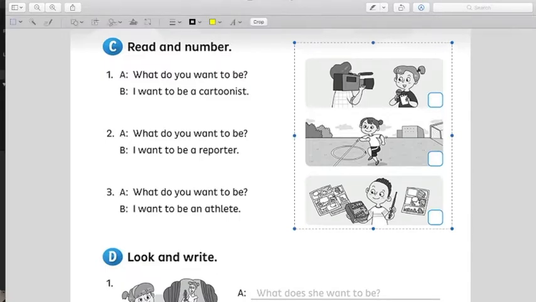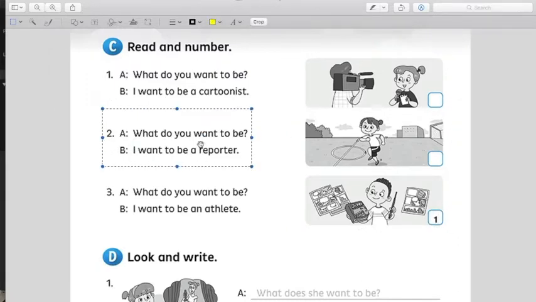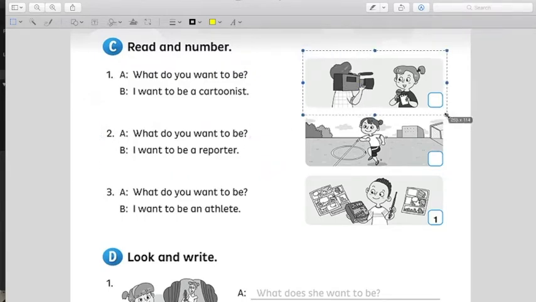So let's go ahead and number that. Number 1. Number 2, what do you want to be? I want to be a reporter. So it looks like this would be the correct one.